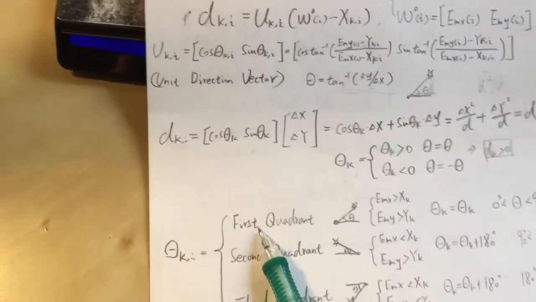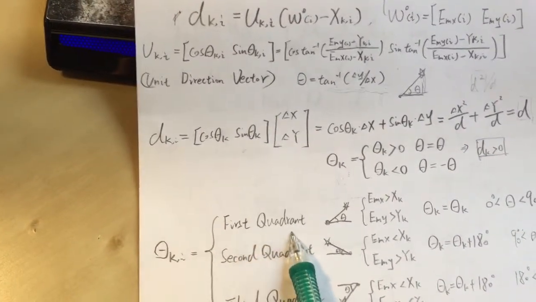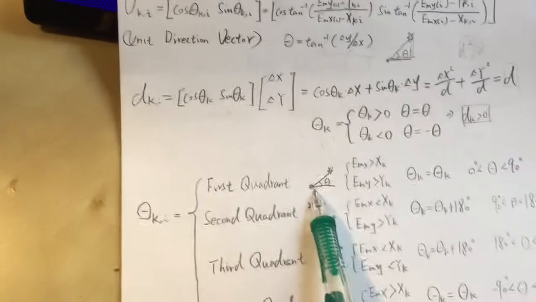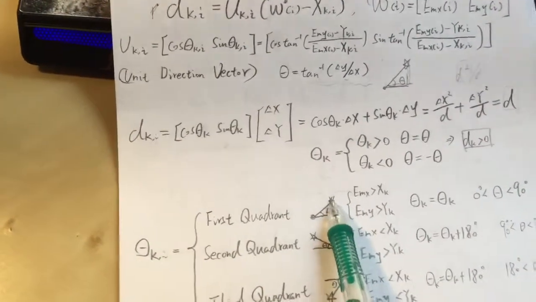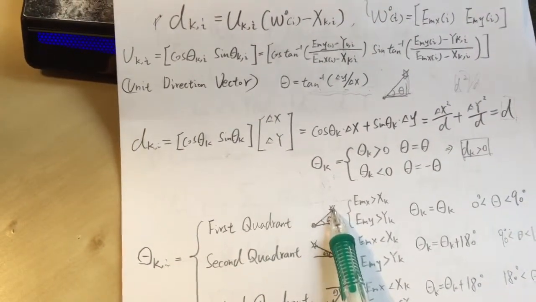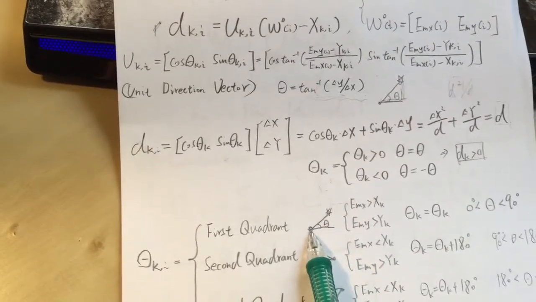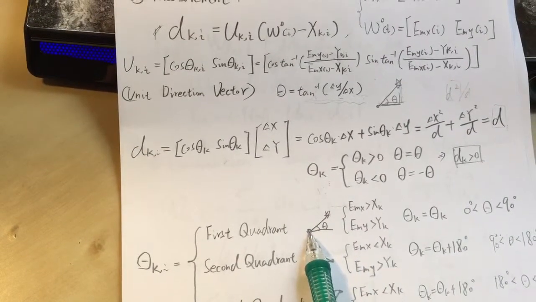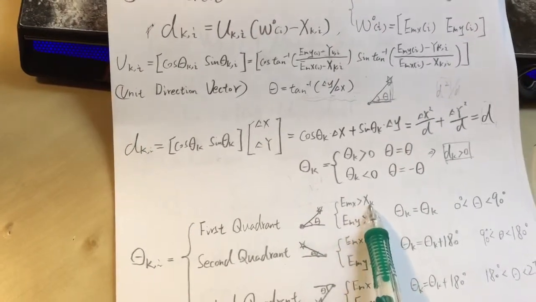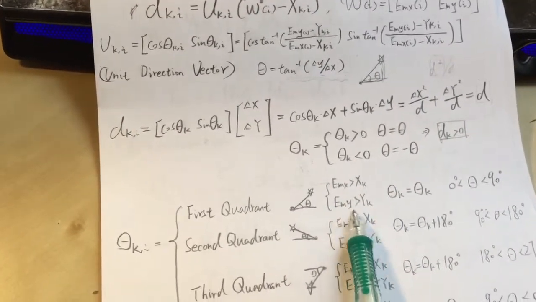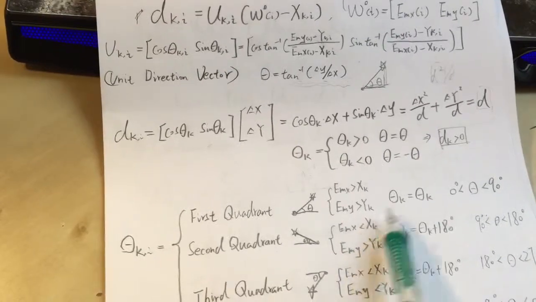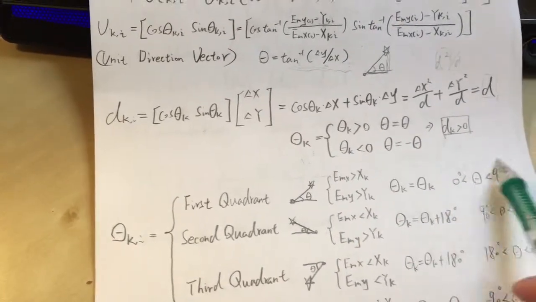From the first quadrant, here's the sensor, here's the target. The target has emitter x and emitter y, which are bigger than the sensor location. So EMX is bigger than XK, EMY is bigger than YK. So theta will be in this direction.